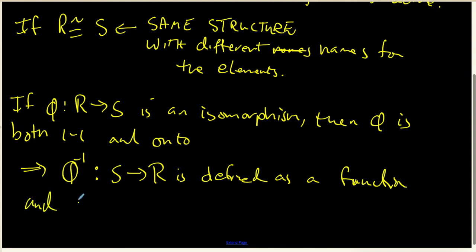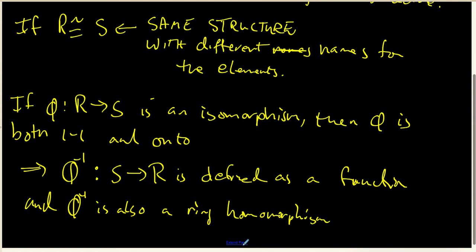And phi inverse is also going to be a ring homomorphism. And I want to look at that as well. So let's look at this idea for just a few minutes.